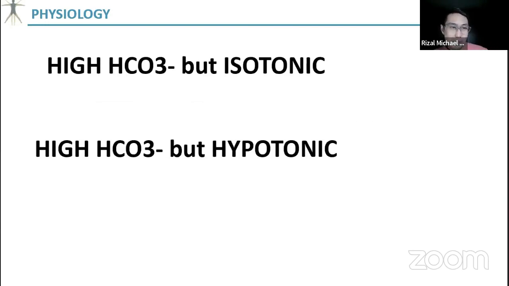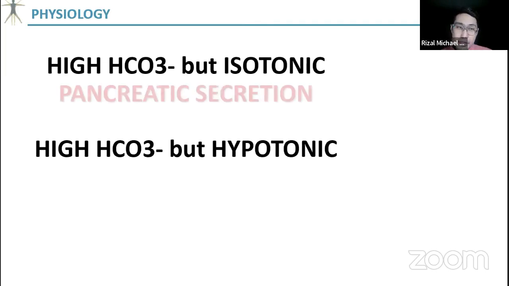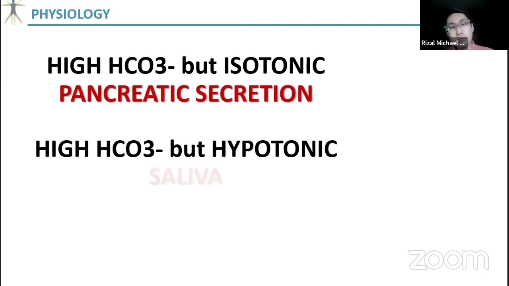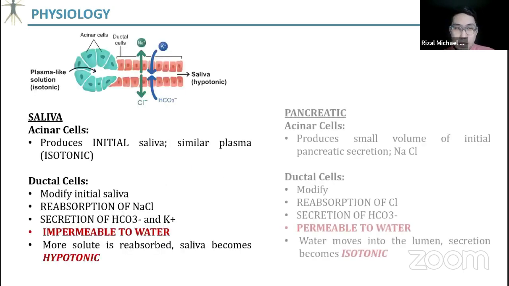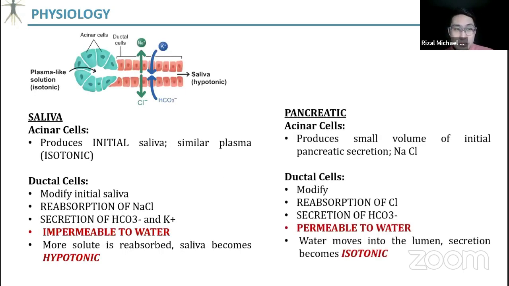So GI secretion, high bicarbonate by isotonic, that is your pancreatic secretion, versus your hypotonic, which is your saliva. Okay? So just take note that your salivary ductal cells kasi is impermeable to water. So in your salivary ductal cells, you reabsorb sodium chloride. So yung water mo, naiiwan mo lang sa loob. No? Hindi sila nakakadaan.